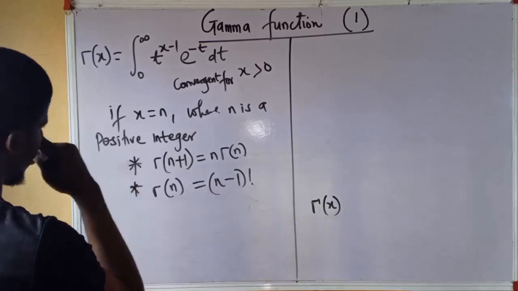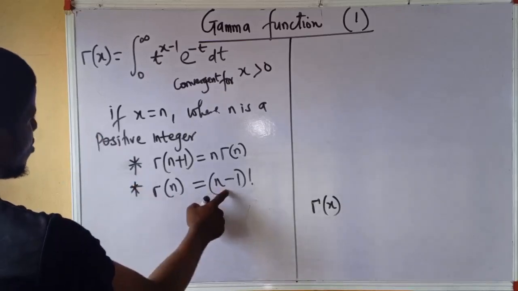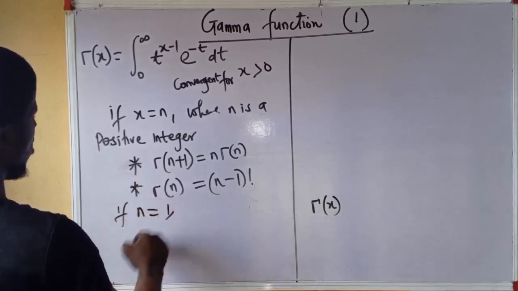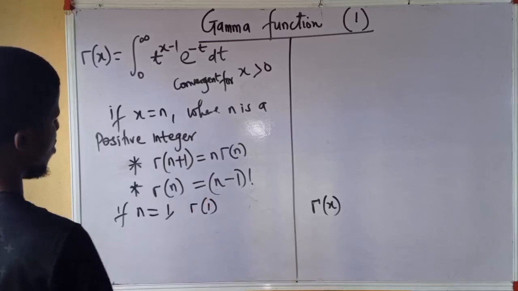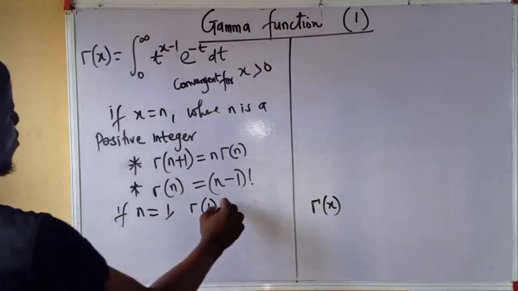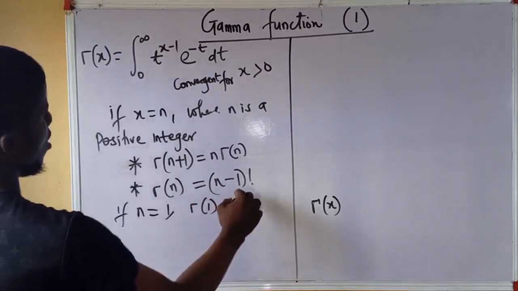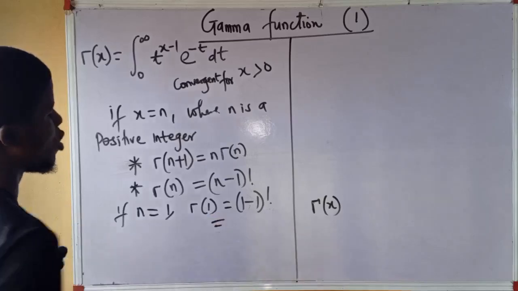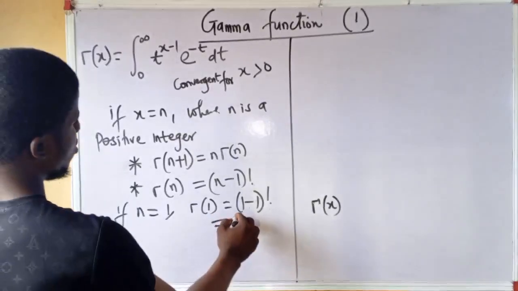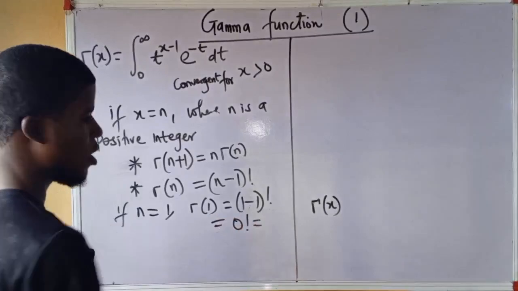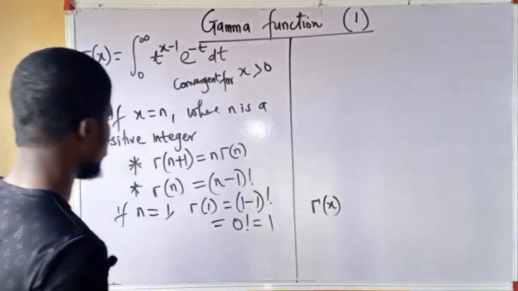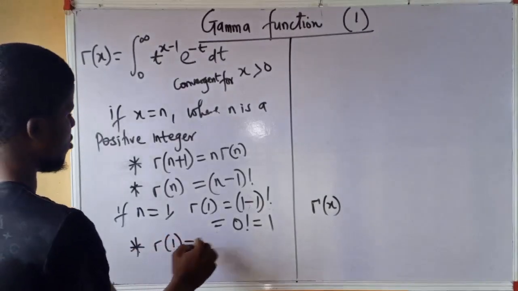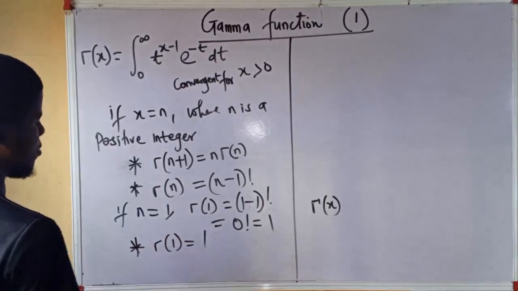So from here, if n is equal to 1, we have gamma of 1, right? So gamma of 1 will be equal to 1 minus 1 factorial. What's 1 minus 1? That will be 0. So we have 0 factorial, and 0 factorial is equal to 1. So gamma of 1 is equal to 1.